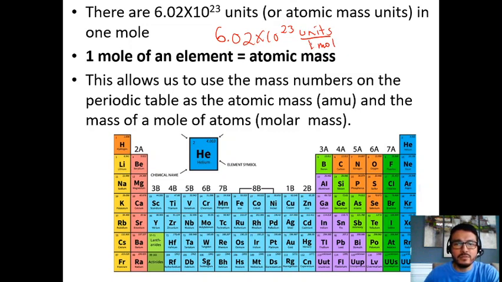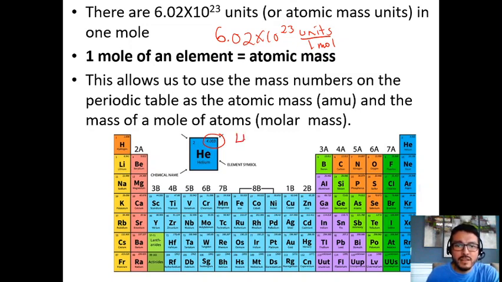Turns out there's a great relationship. Any 1 mole, so 6.02 times 10 to the 23 particles, 1 mole of hydrogen or beryllium, helium, that number of particles of any of these elements will actually equal the atomic mass. So here, helium has an atomic mass of 4.003, but we'll just say 4.